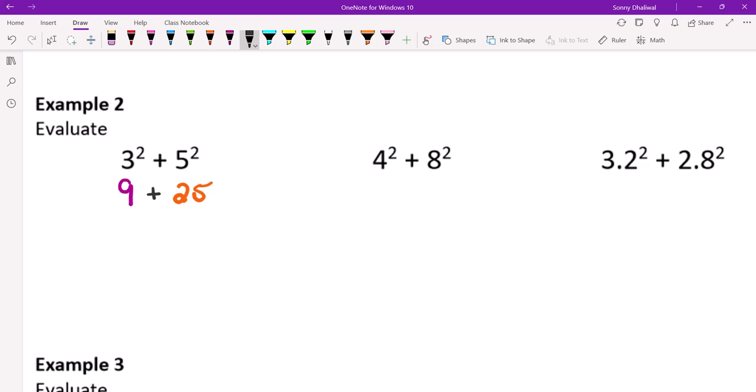Then I want to be able to add these numbers. 9 plus 25 is 34. Okay? Practice that with the next 2 questions. So write this middle step down. Just don't do it all in your calculator. Square this number, write it down. Square this number, write it down. Put a plus sign between it and add it together. Tell me what number it equals for the next 2 things.